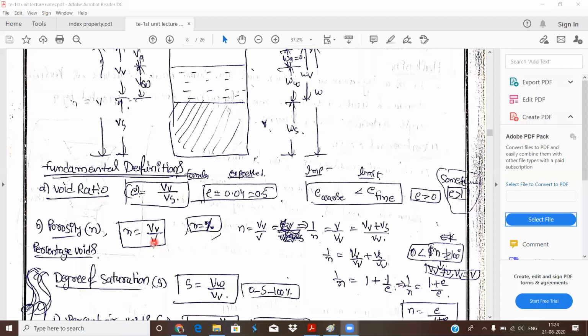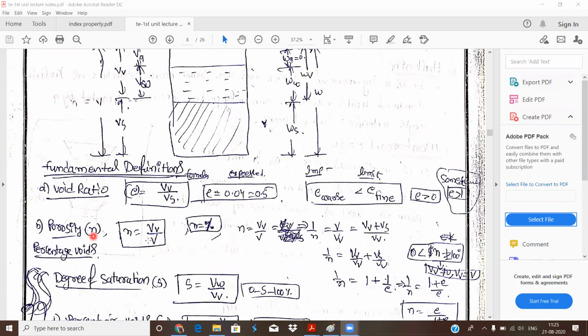Why I said that void ratio is more important compared to porosity: voids may decrease or increase, but the volume of solids is constant. Even if you give any compaction effort, the volume of solids does not change, only the volume of voids changes.